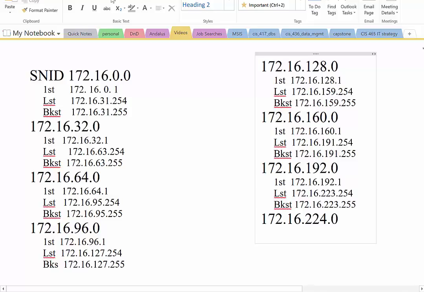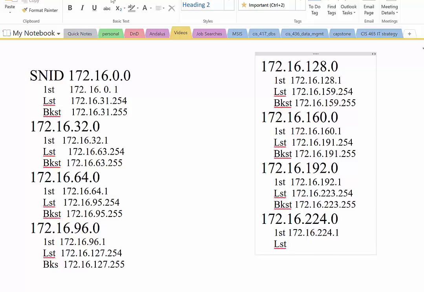Alrighty, and we are at our home stretch. Last but certainly not least, the .224 subnet. All right, my first usable will be 172.16.224.1. Sorry.